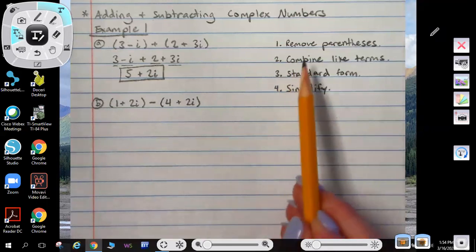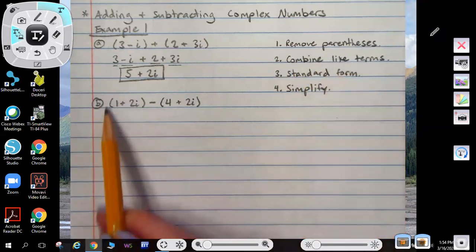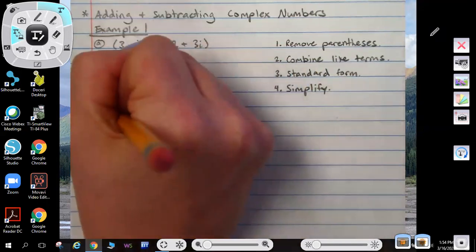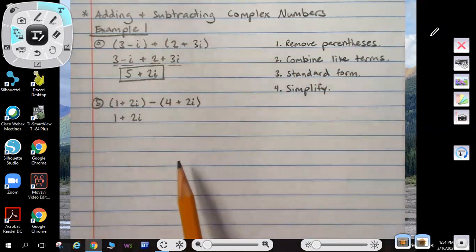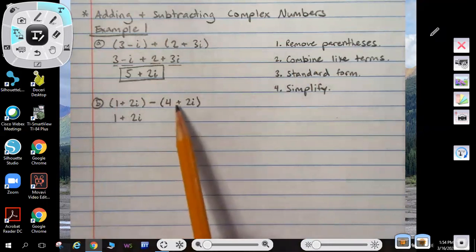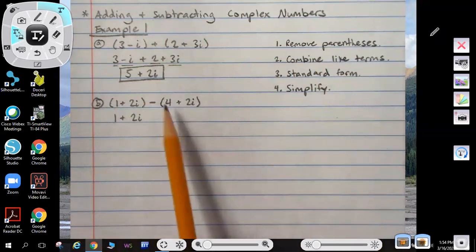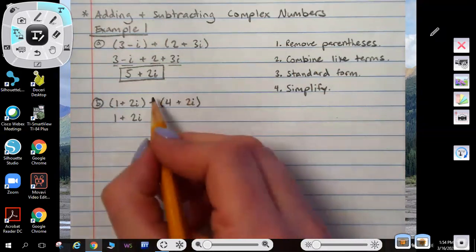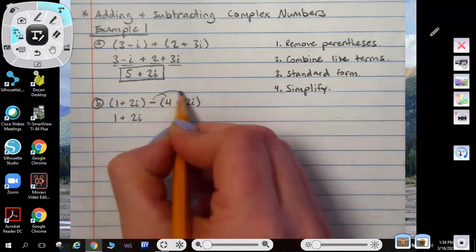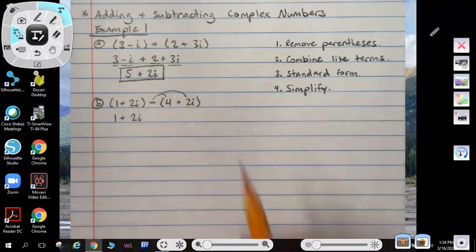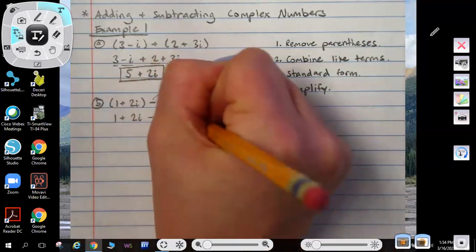Okay, first let's remove the parentheses. 1 plus 2i, there's nothing going on in front of the parentheses that would change anything, so we can just leave them off. In 4 plus 2i, we have a negative out in front of this set of parentheses, so that will change what's going on inside. We just need to distribute that minus sign to everything inside the parentheses. So this becomes minus 4 minus 2i.